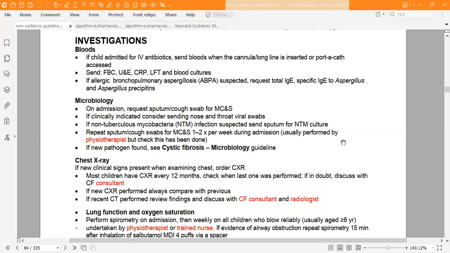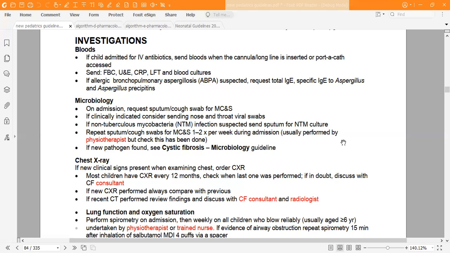While he is admitted on the ward, you will send the sputum or cough swab at least once or twice a week. This is usually performed by the physiotherapist, because they help him to expectorate the mucus out of his chest by exercising.